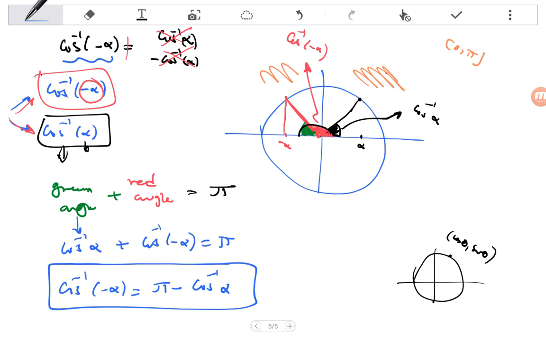This rule must be memorized. So if I need, for example, to find the cosine inverse of negative 1 over root 2, this is just pi minus cosine inverse 1 over root 2, and so on.